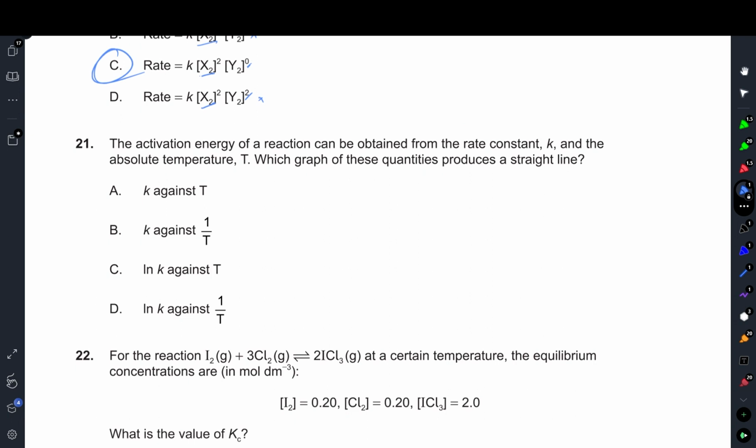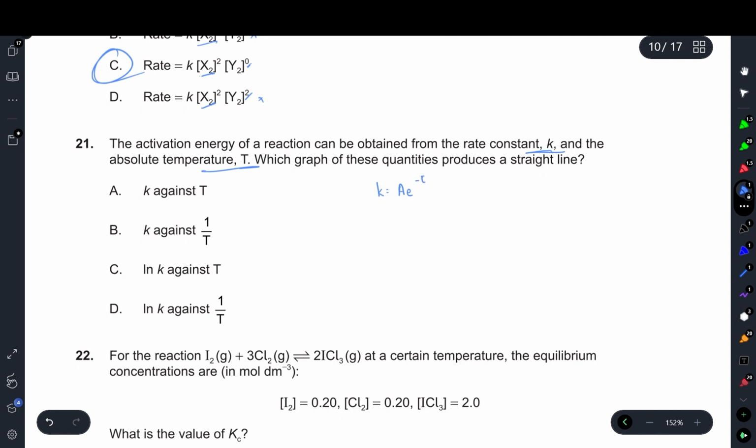The activation energy of a reaction with the rate constant k and the temperature T. So this is where you need your Arrhenius equation. k is equal to A e to the power minus Ea by RT. This means that when you take the natural logarithm on both sides, ln k is equal to ln A minus Ea by RT by your logarithmic properties. And when you compare that to y equals mx plus c, it produces a straight line.